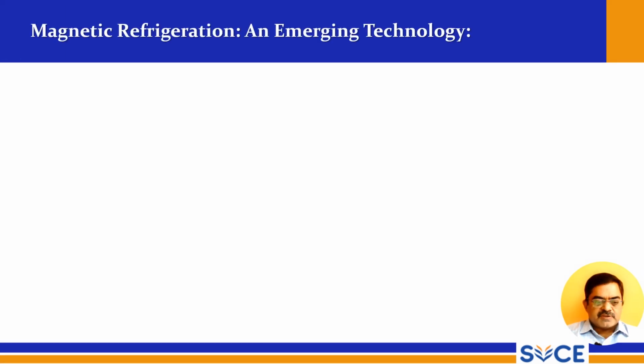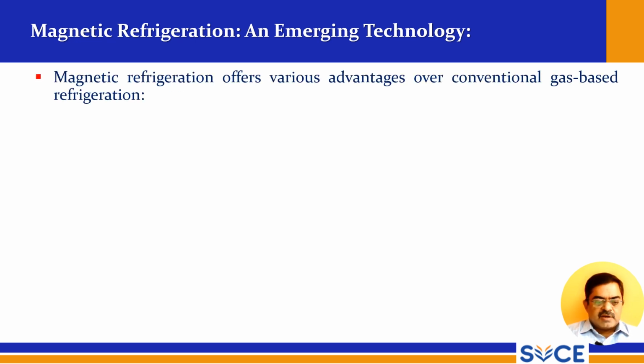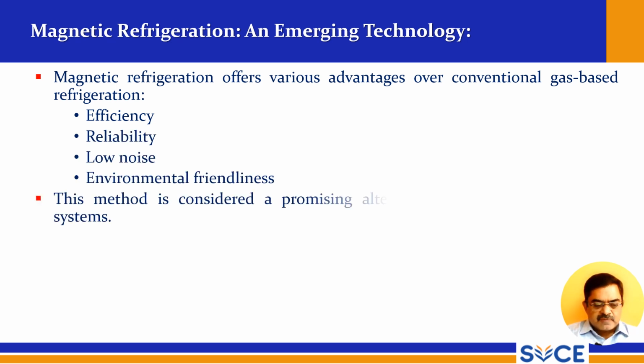So magnetic refrigeration is one of the unconventional refrigeration systems, but still a very effective system, and it is an emerging technology as well. Magnetic refrigeration offers various advantages over the conventional gas based refrigeration system, and they are efficiency, reliability, low noise and environmental friendliness.